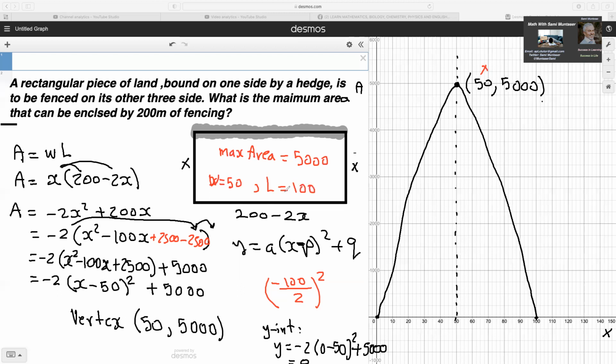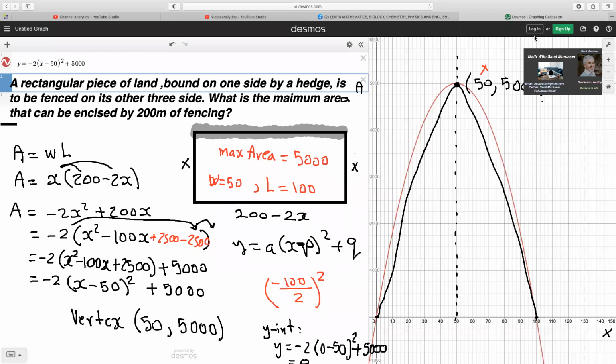And that's how you determine the maximum area. If they ask you further to find the width and the length that will give you the maximum area, it's the x value here that represents the width, so the width would be 50. Then you can find the length from right here, because that's the length of the rectangle.